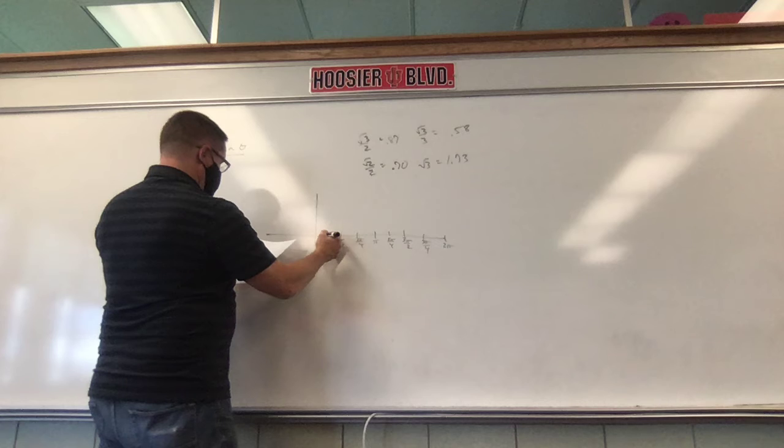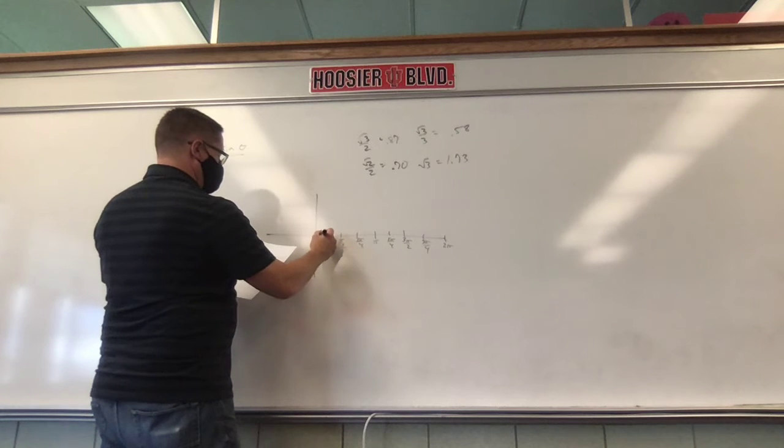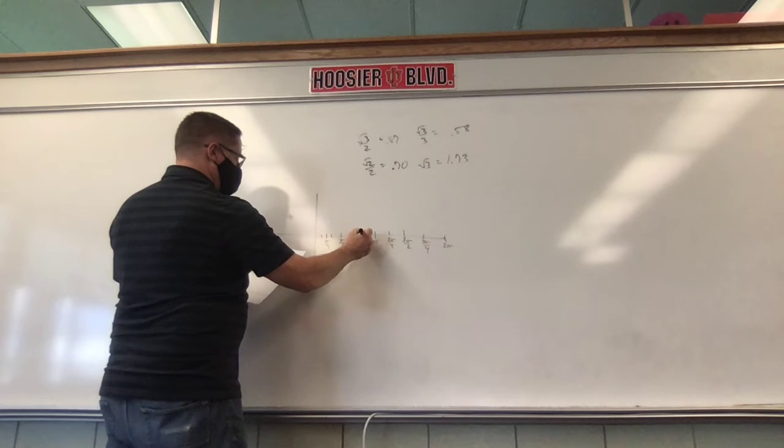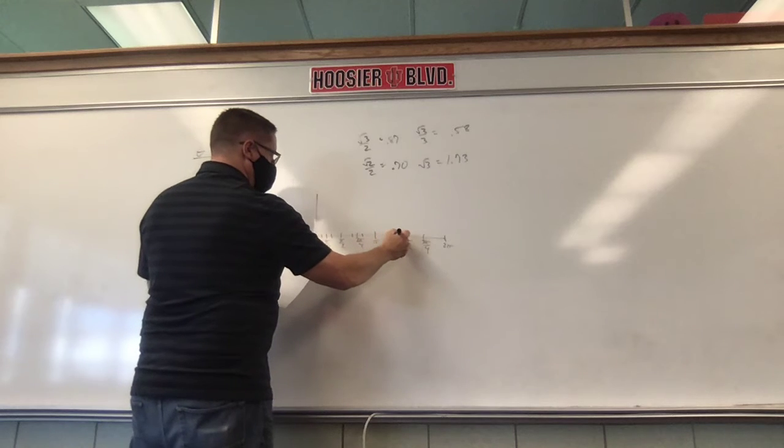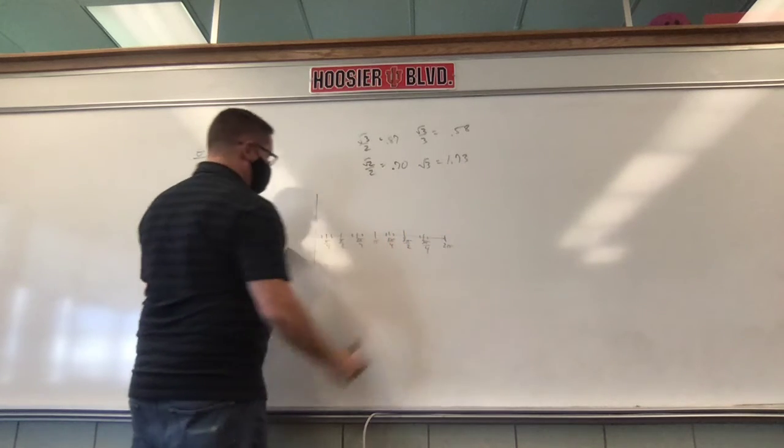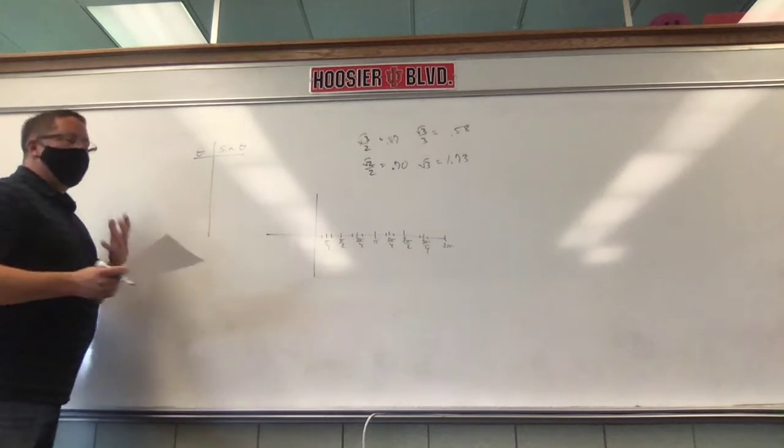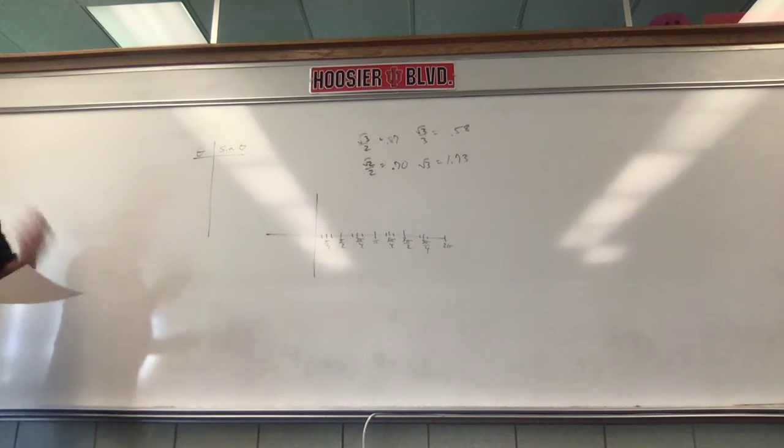I'm not going to put all these in here because it's too crammed together as it is. So I'll just watch for a second right here, and then start filling things in.